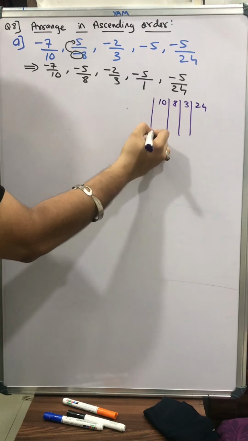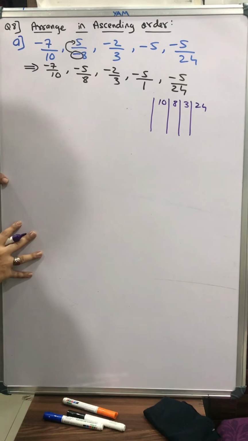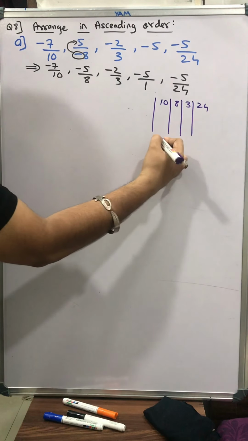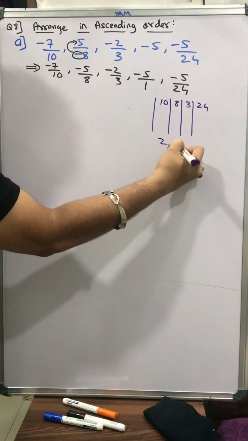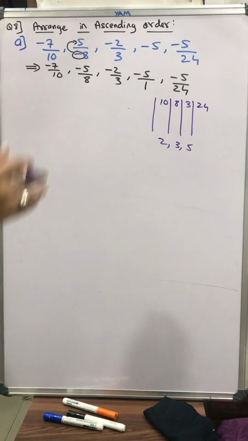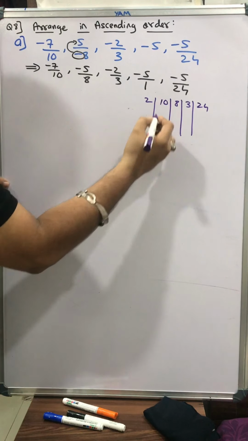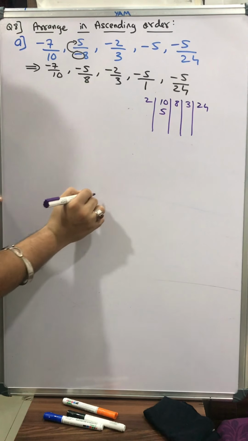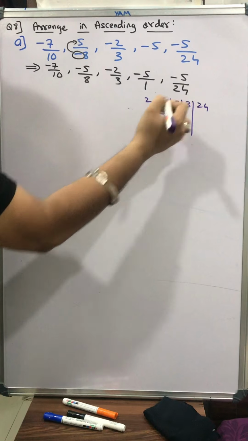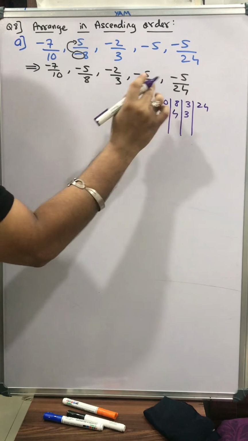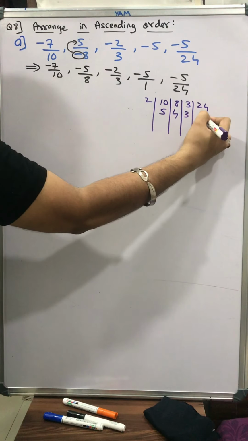Fine students, let's start with the LCM part. First I'll start with 2. Always start first with 2, then go for 3, then go for 5, and then you can go for the other numbers. I'm writing here 2. 2 5s are 10. 2 4s are 8. 2 is not going in the 3 times table, so this 3 will be copied as it is. 2 12s are 24.